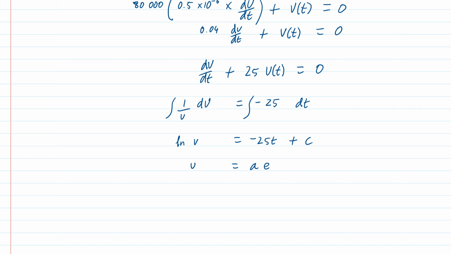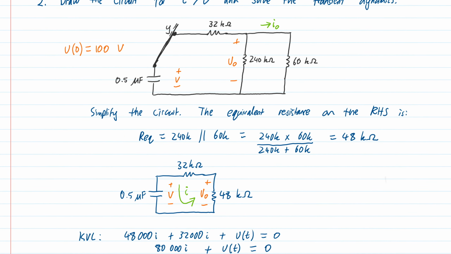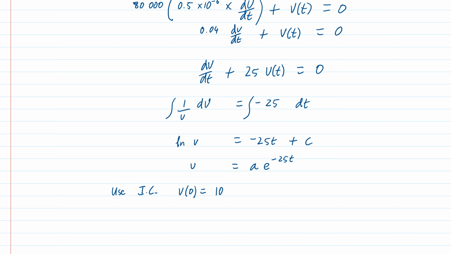So that's, I'm going to call it A. So e to the minus 25t is my solution. I need to use my initial condition, IC. The initial condition was that the voltage at time 0 is 100 volts. So V of 0 equals 100.